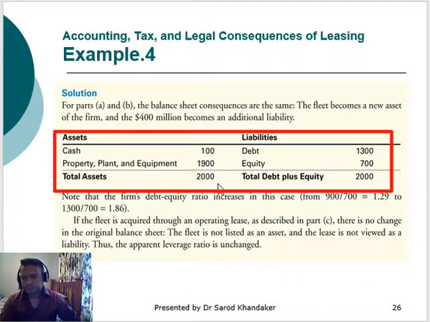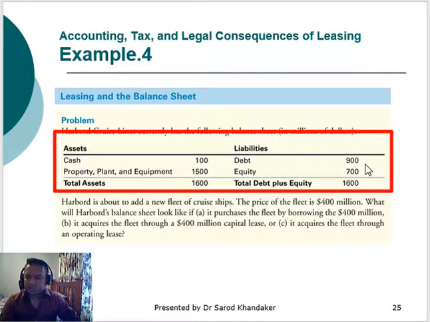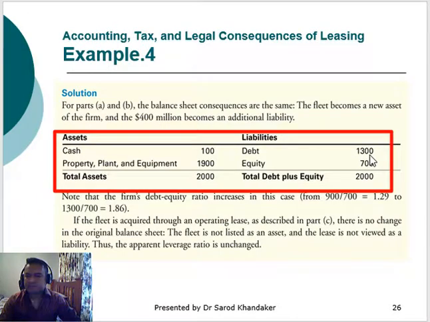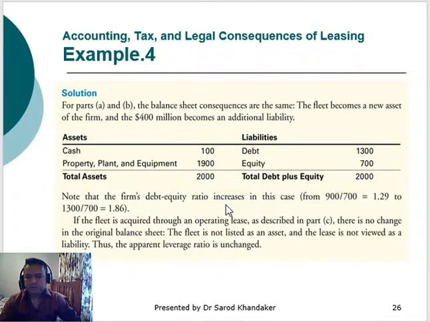On the liability side, the debt is 1,300, previously 900 plus 400 for the new fleet of ships. The equity remains the same, 700. So the total debt plus equity is $2,000. Note that the firm's debt to equity ratio increased in this case from 1.29 to 1.86.